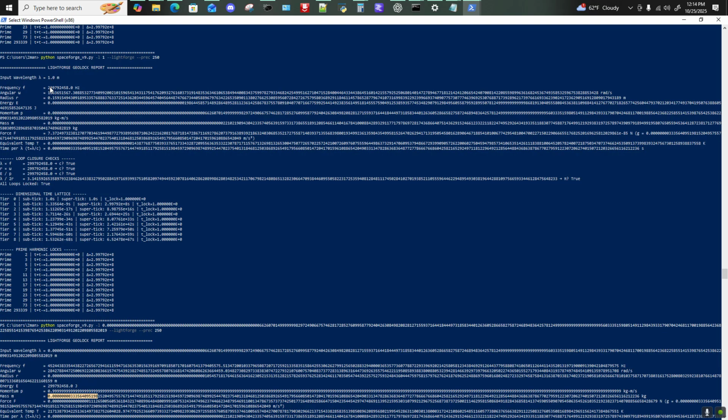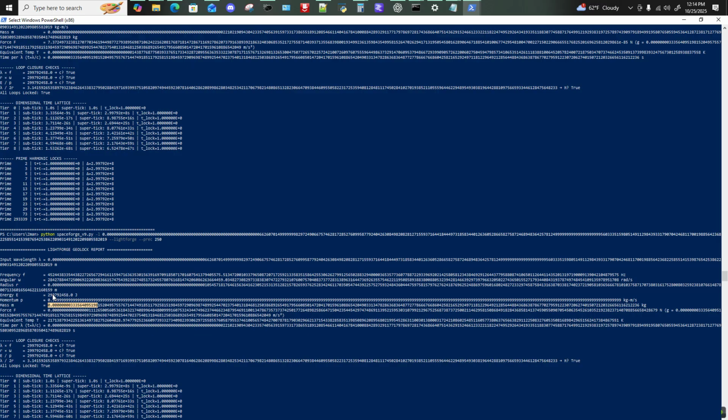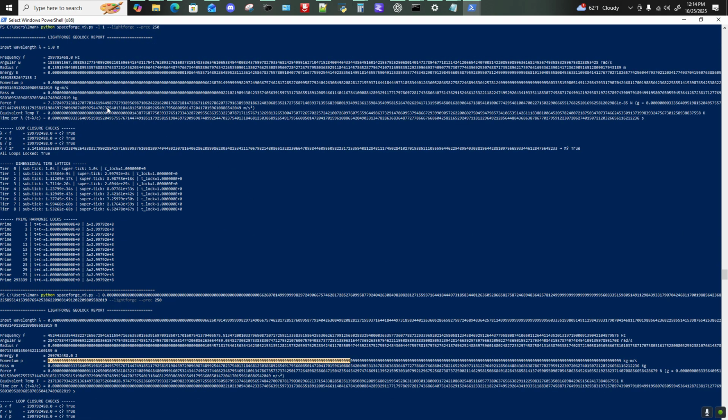So you got one here, speed of light here, Planck's constant as momentum. So when you take Planck's constant and swap it with wavelength, then momentum becomes 1 and wavelength becomes Planck's constant.